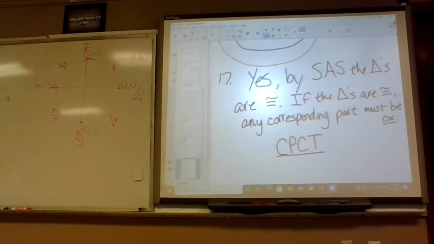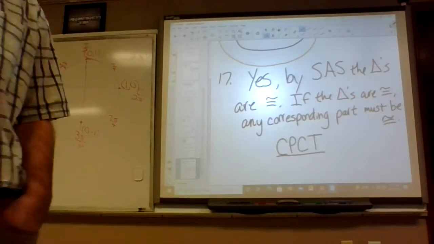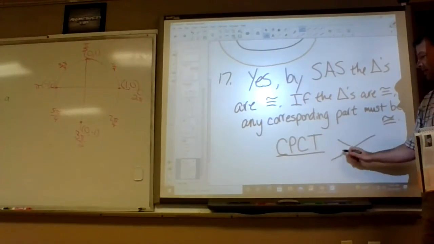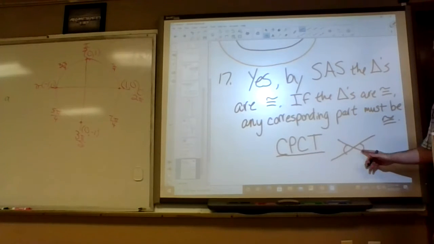What are the vertical angles in the picture? Vertical angles are angles that are created when two lines intersect, right? The angles across from each other are always congruent.